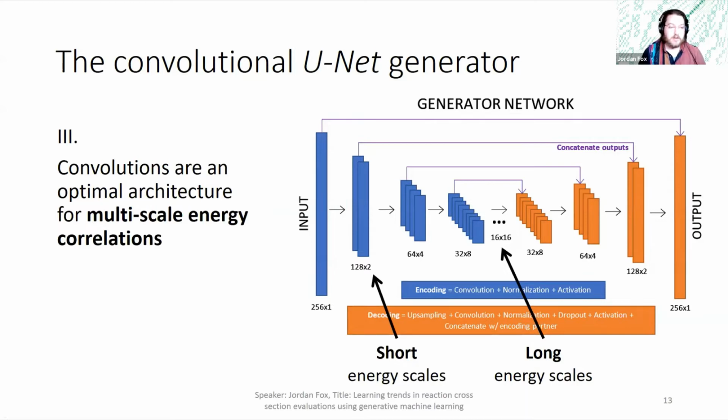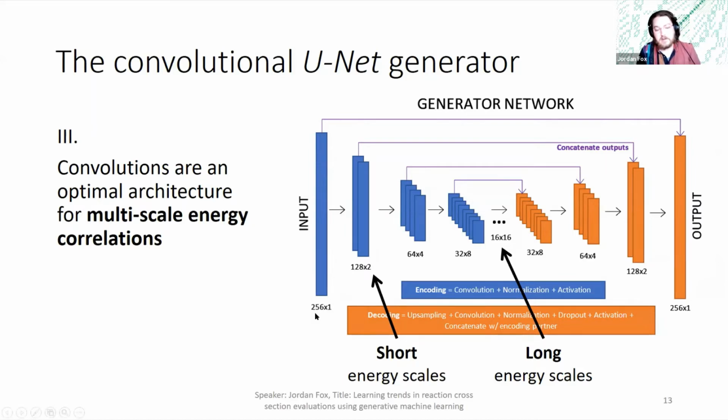The third important point that I want to make here is that convolutions are an optimal architecture for getting our multi-scale energy correlations. You'll notice that the taller layers here have a higher dimension. We start at 256 and march down: 128, 64, 32. Those with larger dimensions are responsible for getting correlations at shorter energy scales, because the energy domain is the same as our data goes through. It's always going to be 30 MeV.